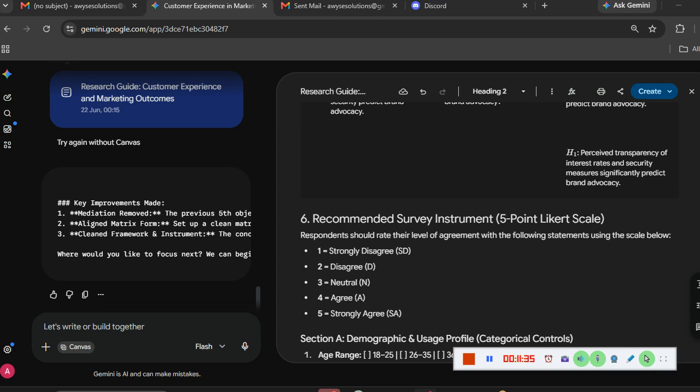Okay, so let me interact with the AI once again. I say, okay, I have downloaded this journal. It's used to write the background to study.